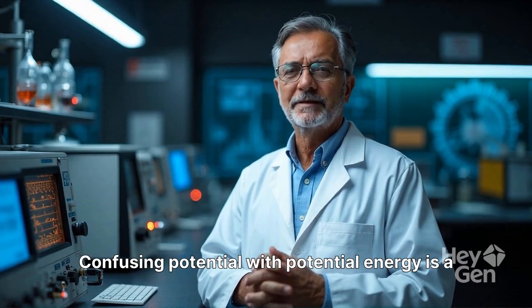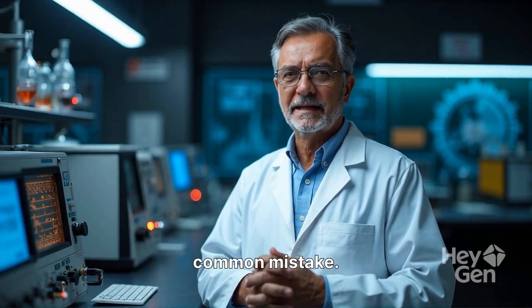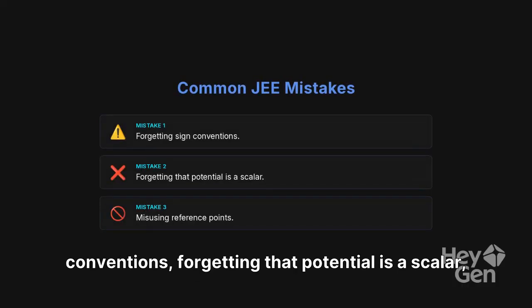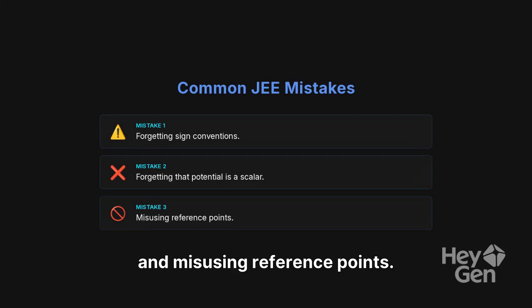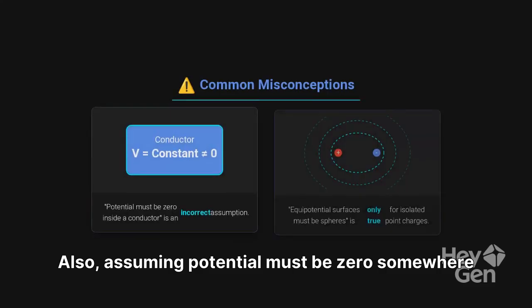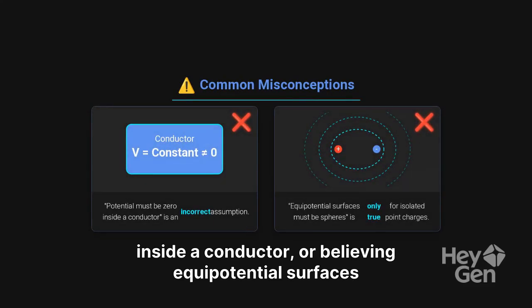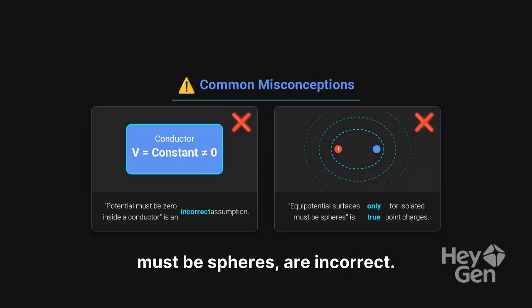Confusing potential with potential energy is a common mistake. Other common mistakes include forgetting sign conventions, forgetting that potential is a scalar, and misusing reference points. Also, assuming potential must be zero somewhere inside a conductor, or believing equipotential surfaces must be spheres are incorrect.